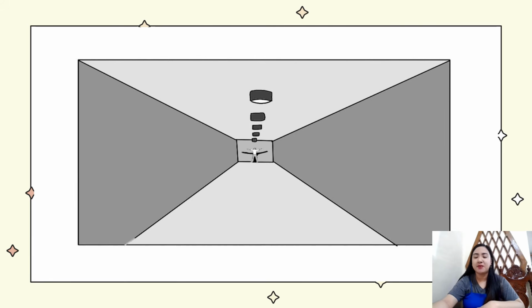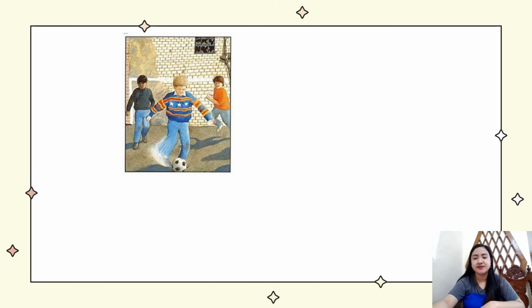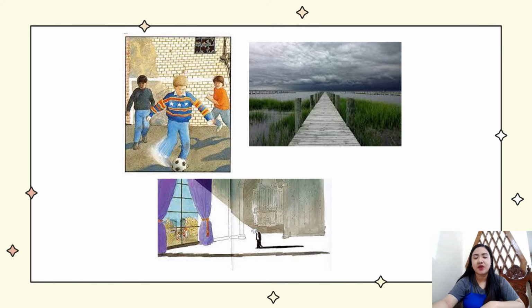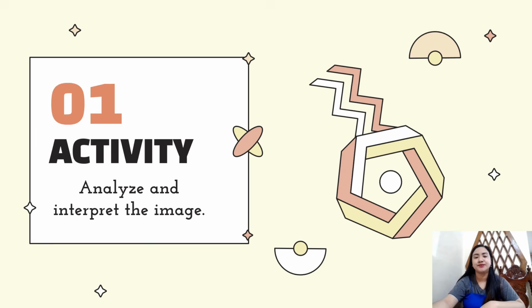Let me give you some more examples. So in this photo, you can already see the distance of the children from each other, the distance of the person from the point of view of the photographer to the bridge. And lastly, the distance of the person from the window.